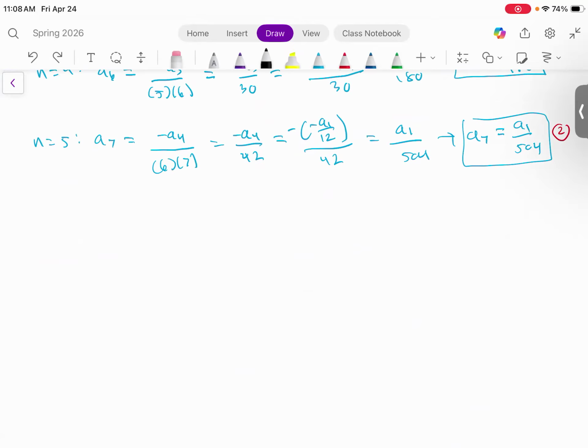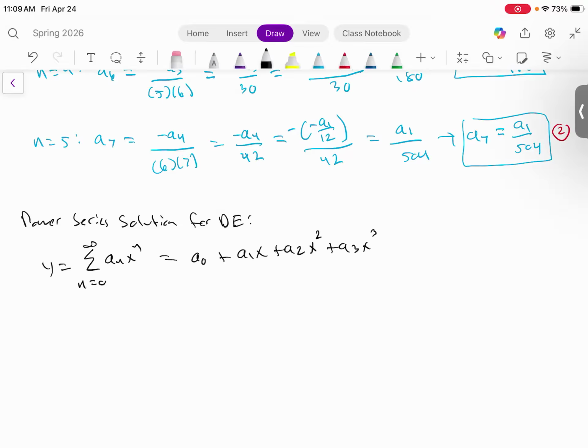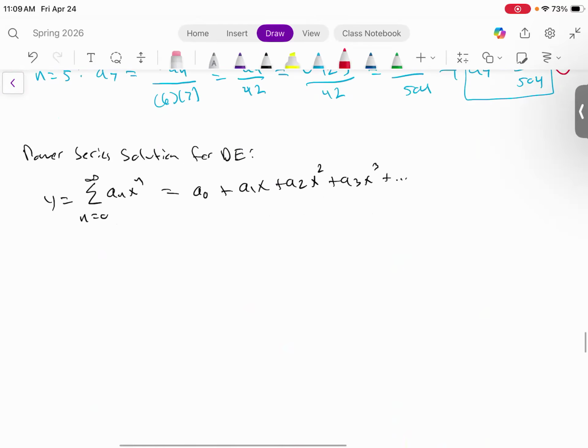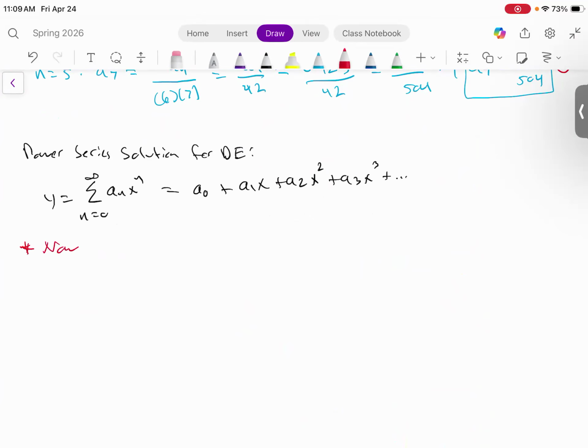We want the power series solution for the differential equation to be this: y equals the power series, n equals 0 to infinity, a sub n x to the n, equals a naught plus a1 x plus a2 x squared plus a3 x cubed, etc. So we have all of these a1, a2, a3, a4, a5, a6, a7. We can substitute all of our a_n, and we can get an idea of what our power series could look like. And we eventually get the two of them.